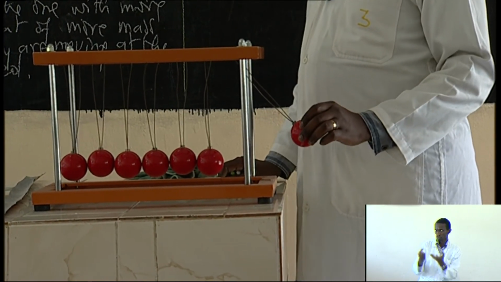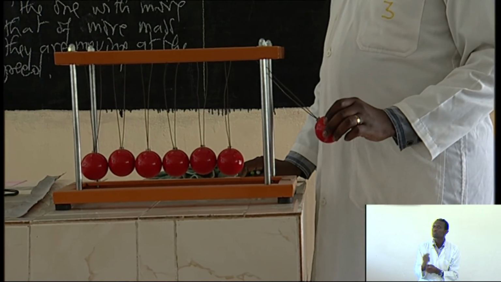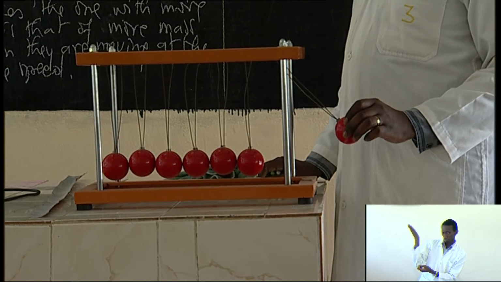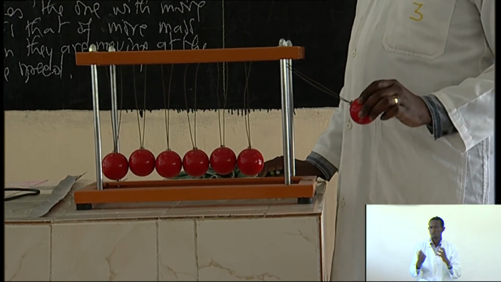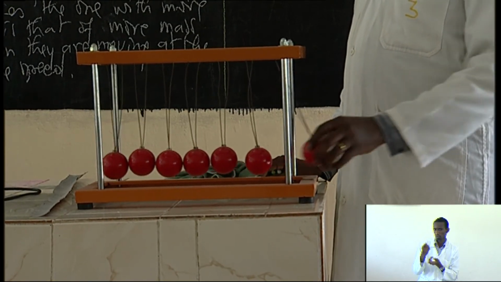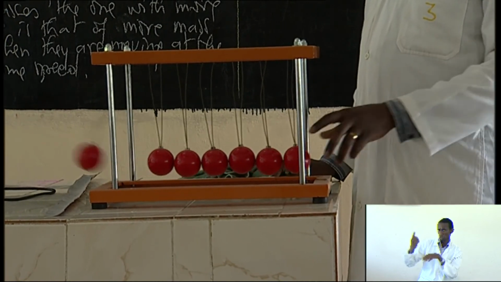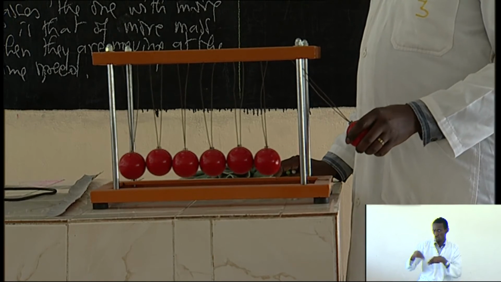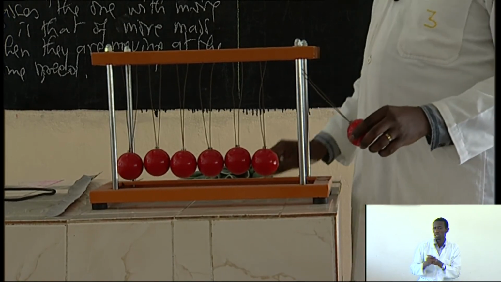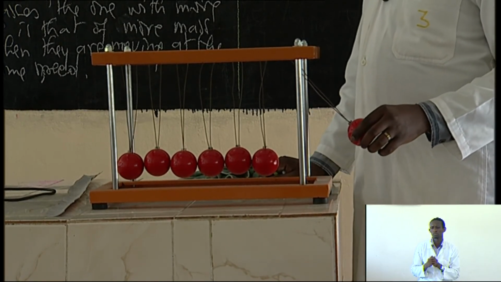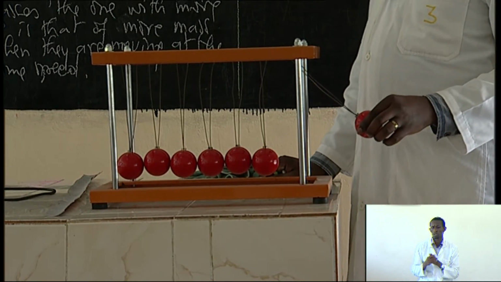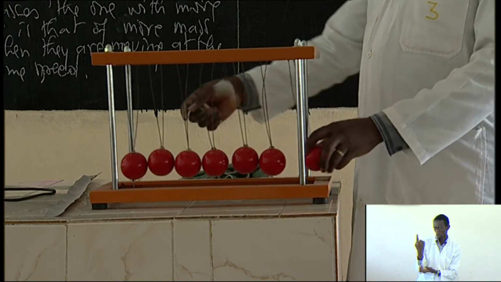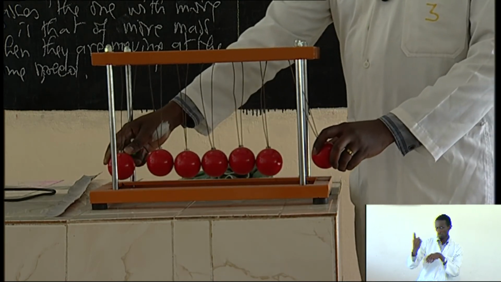So listen, we are saying if we have one ball of the Newton's cradle with a certain velocity, this is the velocity, I'm giving you this velocity. So with a certain velocity before the collision, before it collides, then we must have one ball with the same velocity, one ball at this end.